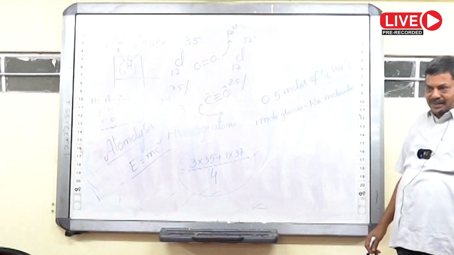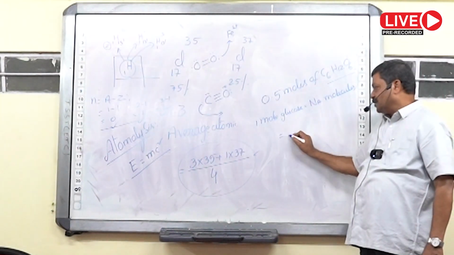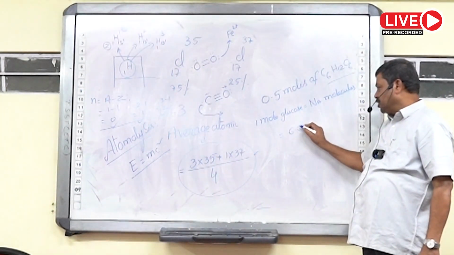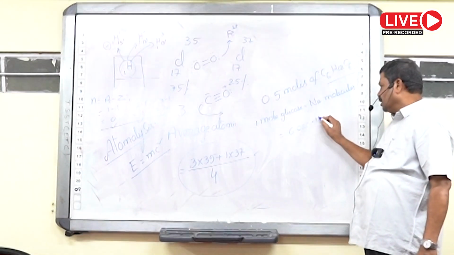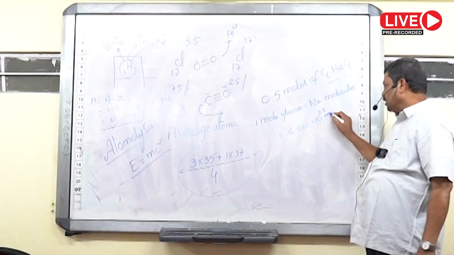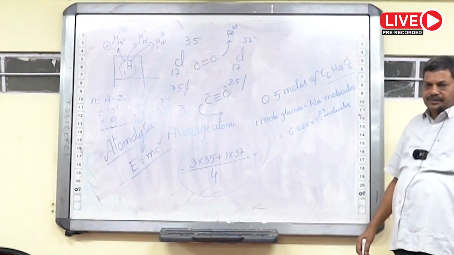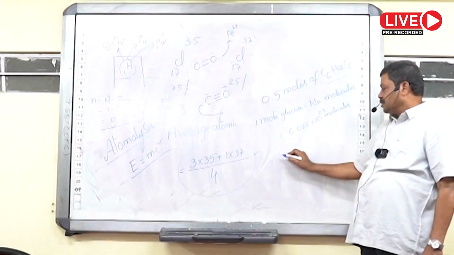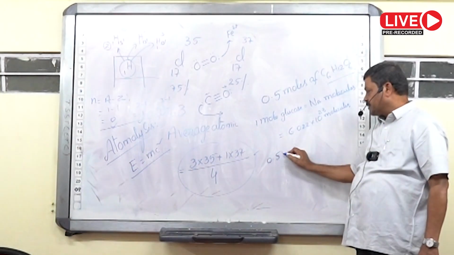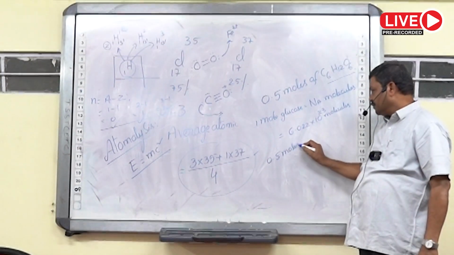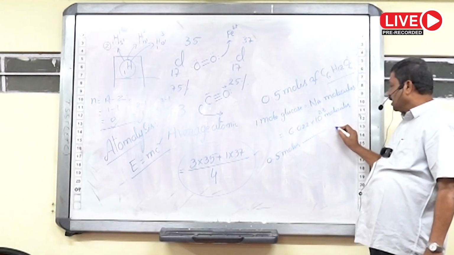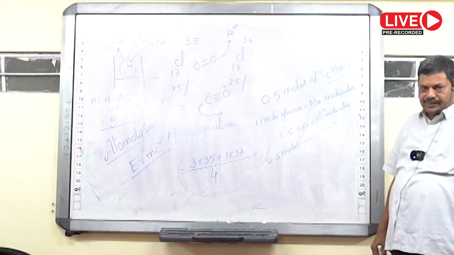Avogadro number of molecules. So that is equal to 6.022 into 10 power 23 molecules. 0.5 moles contain how many molecules?